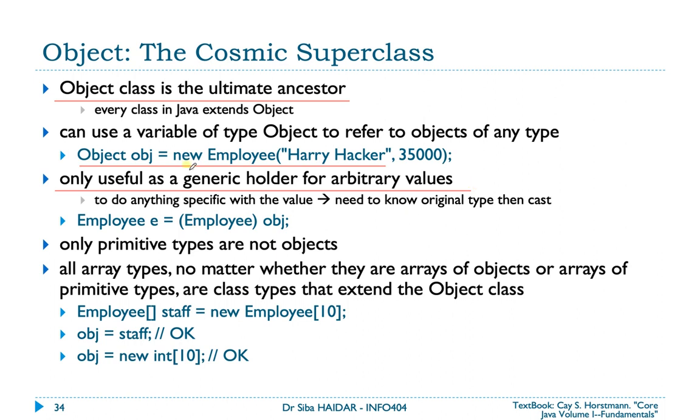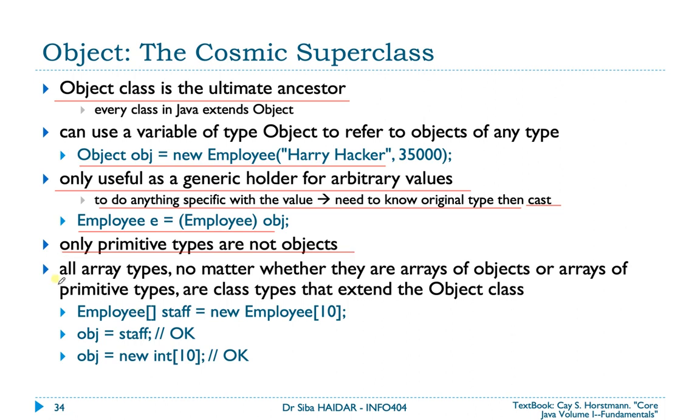To do anything specific with the value, you need to know the original type and then cast. For example, if you want to get the salary or the name, you have to cast obj into Employee and then assign it to the variable e, or directly invoke a specific method for Employee.